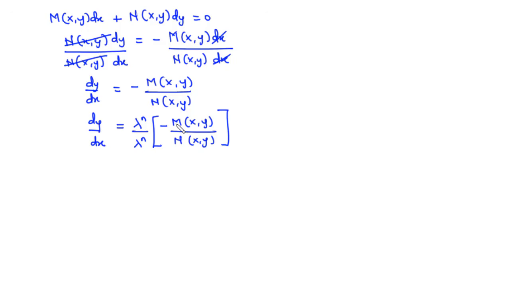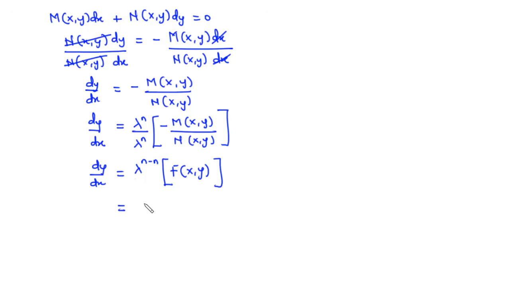Now, since the two functions are homogeneous functions of the same degree, the value of n is going to be the same for the two functions M and N. So at this point, we can simplify this as lambda^(n-n), and in place of this whole thing, we have the function f(x,y).